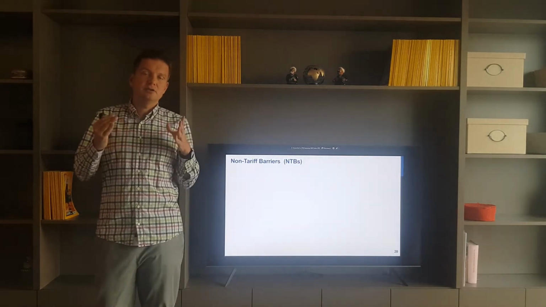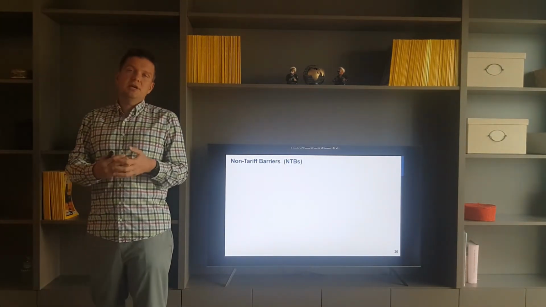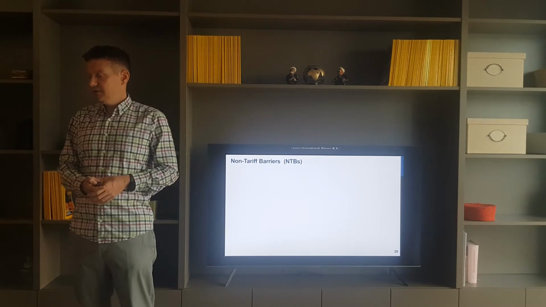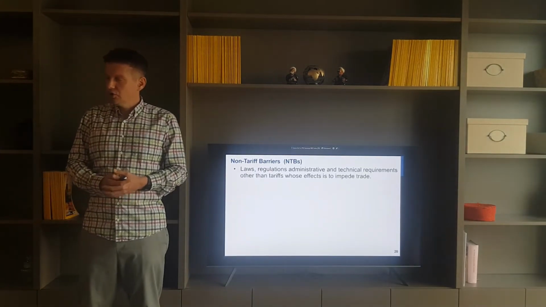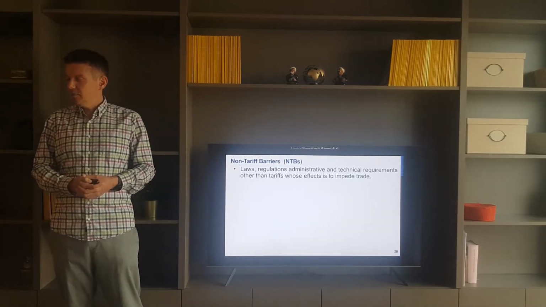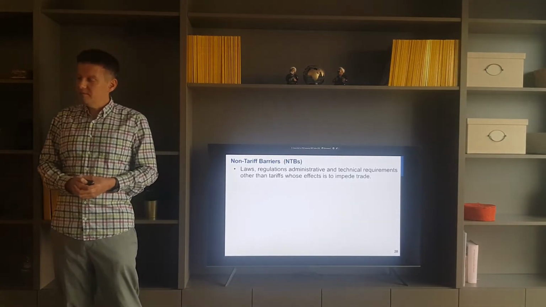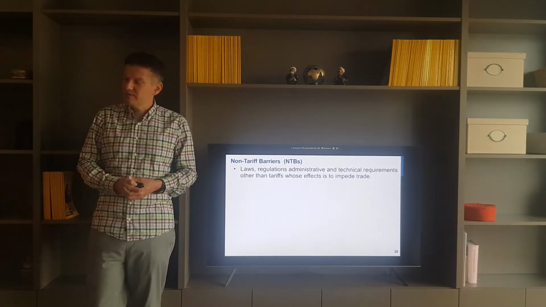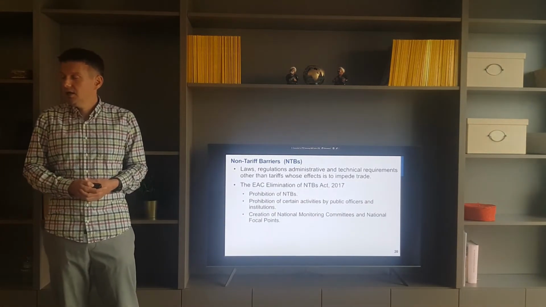To some extent, these should be avoided in order to facilitate movement of goods. So one can say that these are laws, regulations, and administrative and technical requirements other than tariffs whose effect is to impede trade.